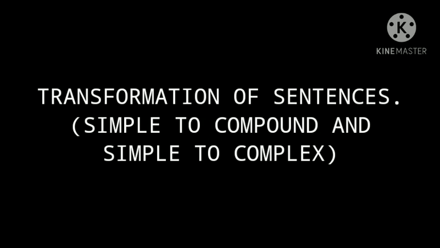So without changing meaning, we have to learn to transform a simple sentence to a compound sentence or a simple sentence to a complex sentence. So what is transformation? It is the method of expressing the same idea, meaning or concept in different grammatical forms.